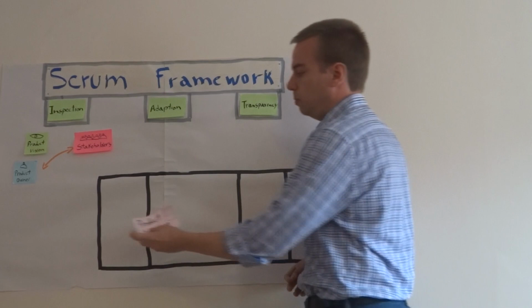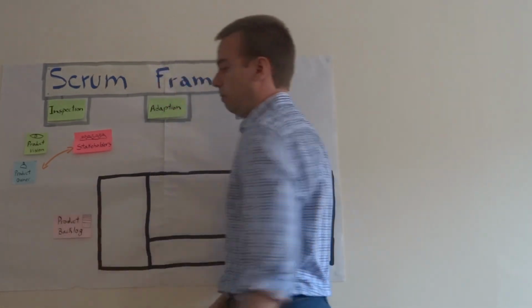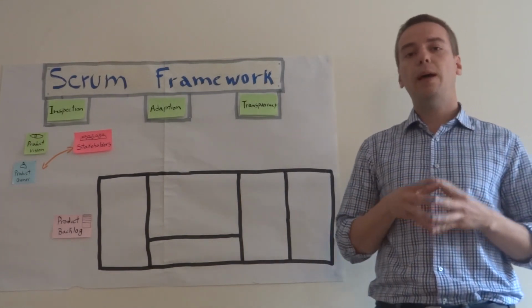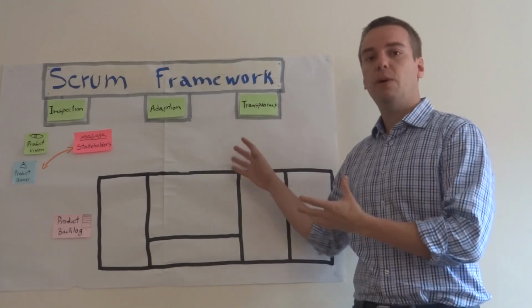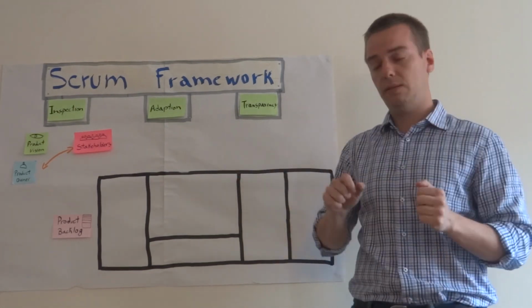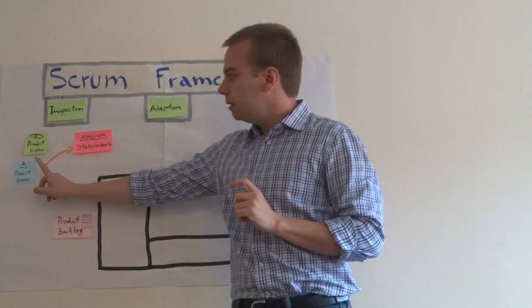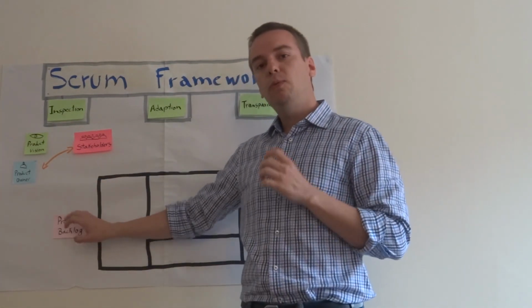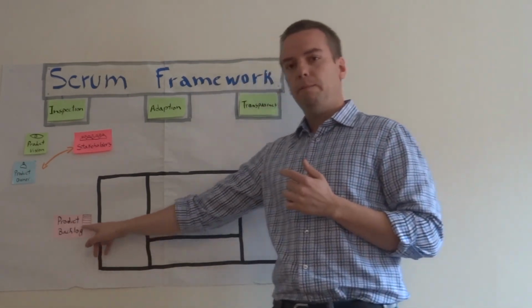He will also be responsible for the first artifact, which is called product backlog. The product backlog is the main source of work for Scrum. We're going to talk about Scrum team very soon. But the product owner will be responsible to manage this artifact called product backlog.